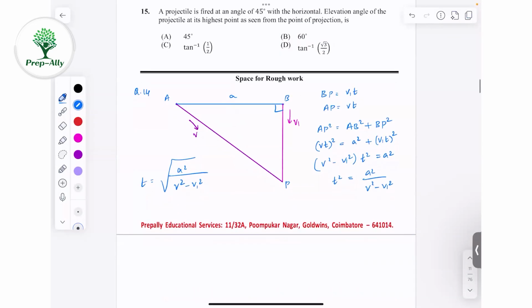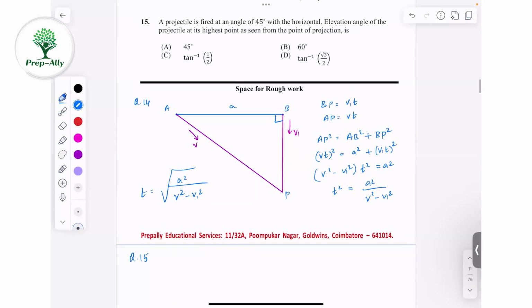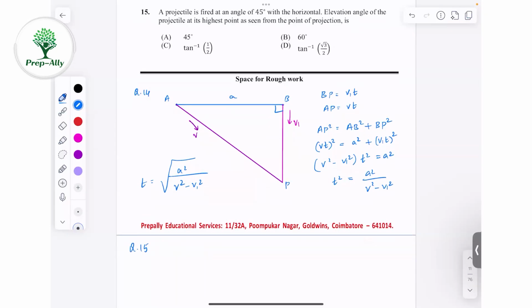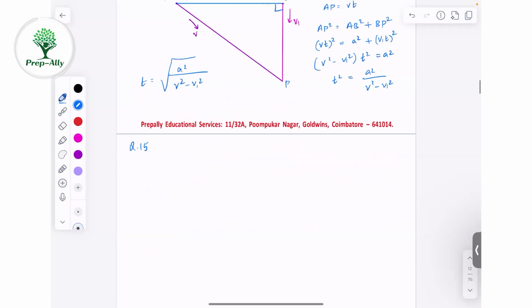Question 15. A projectile is fired at an angle to the horizontal. The elevation angle of the projectile at its highest point as seen from the point of projection. So let us draw what this might look like. Let's say x-axis is here, y-axis is here. A body is given some velocity u at an angle of 45 degree with the horizontal.